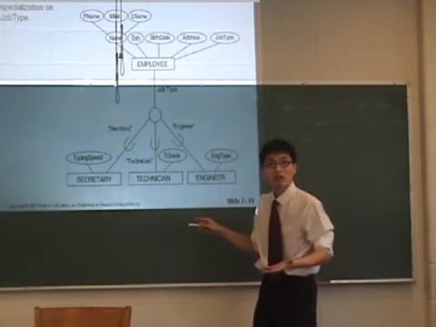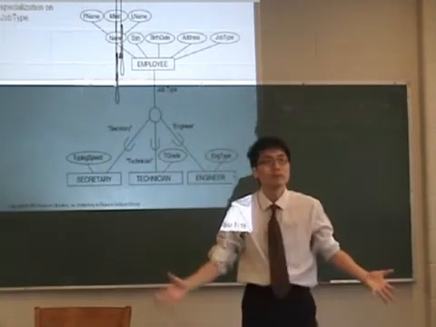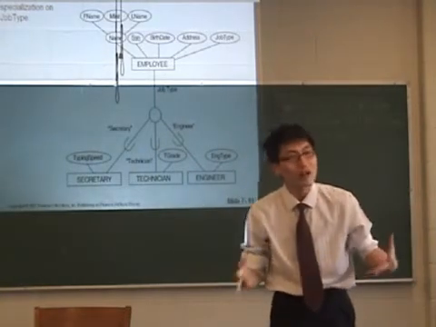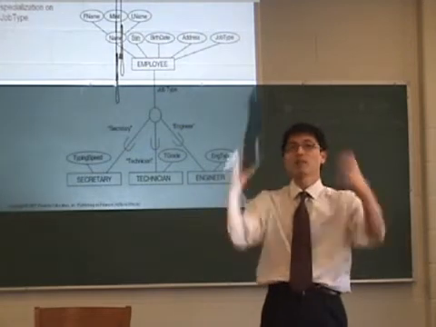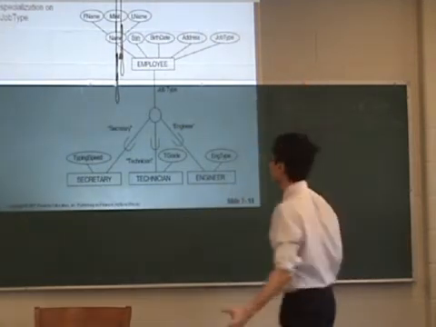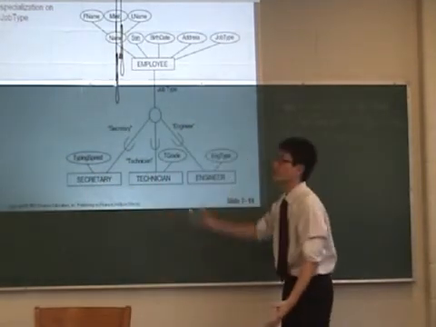Okay? Actually, we don't need any transaction regarding employee. You understand what I'm saying? Even though during the ER conceptual modeling I come up with one generalized employee, your transactions actually need only secretary, only technician, only engineer.